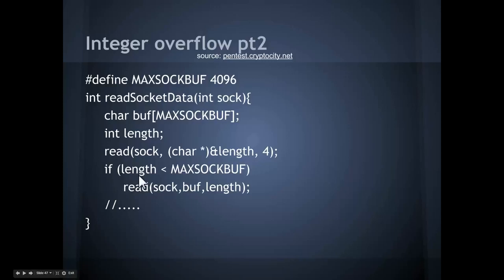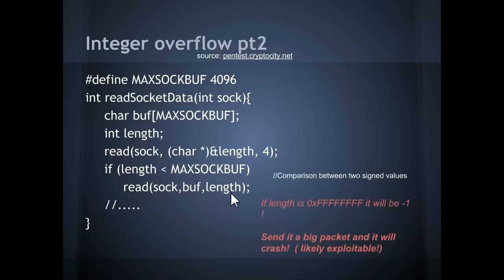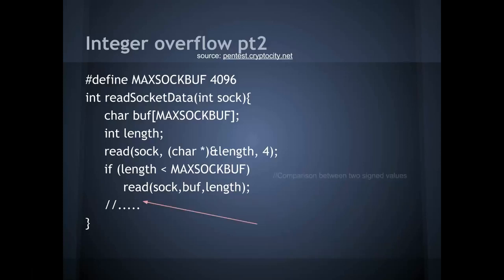In that case, we may end up reading a very large amount. So if you send it a very, very large packet, at the end of the day, it will cause a crash and perhaps lead to potential exploitation.